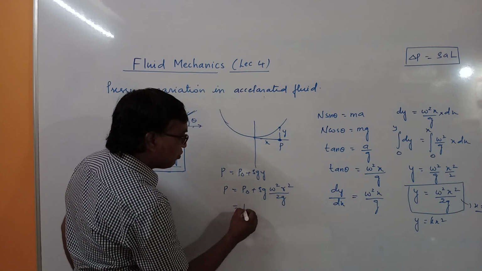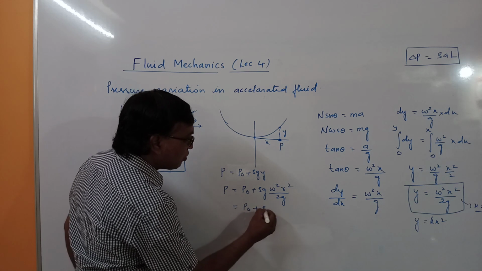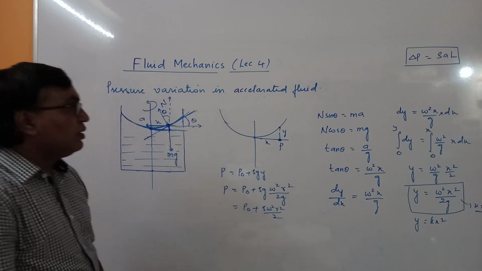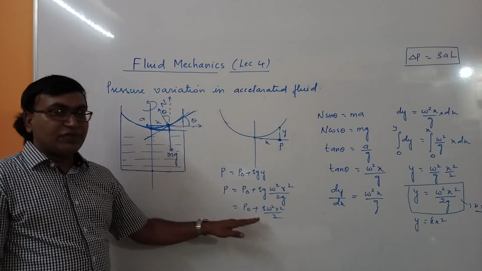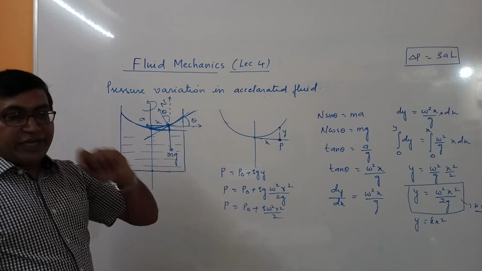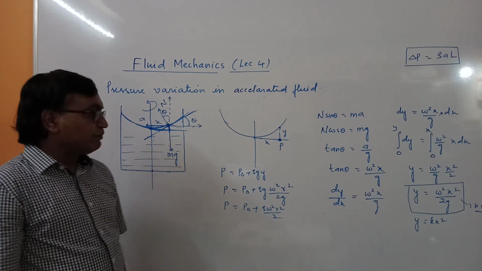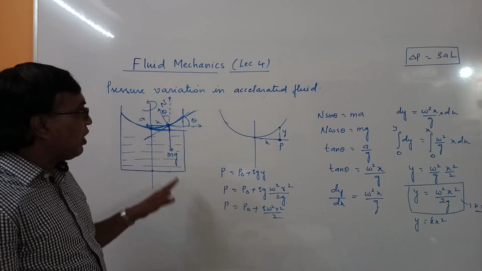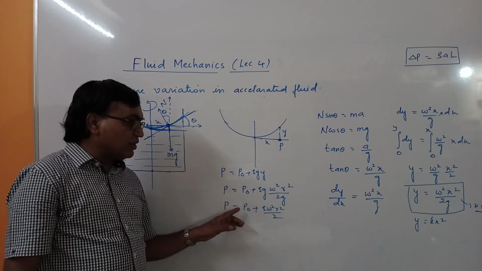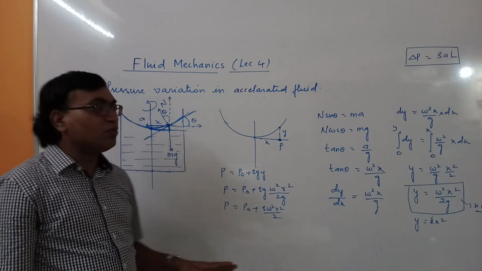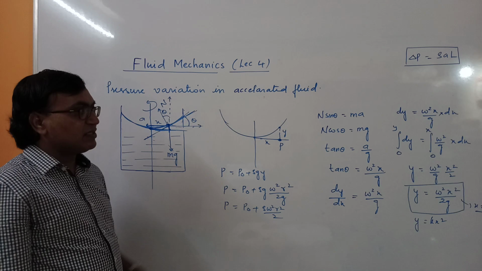So this will be equal to P naught plus rho omega square r square by 2. This is also the equation which we found for a rotating tube filled with a fluid. The tube was rotated, and the difference in pressure between 2 points was P2 equals P1 plus rho omega square r square by 2, where r is the radial distance.